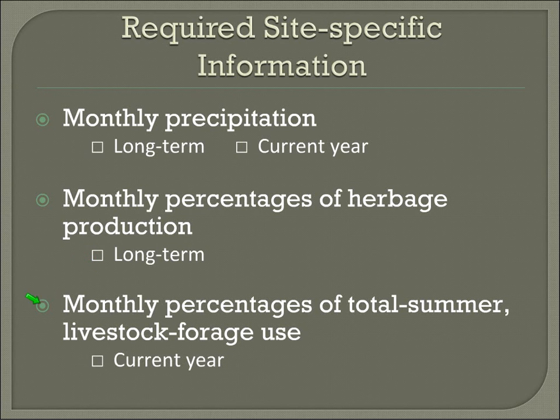Then we would draw your attention to the need for monthly percentages of total summer livestock forage use, and that's for the current year. Now, the second page of your handouts is titled Summer Cow Unit Forage Use Worksheet. And this is a very simple way to estimate the percentage of herd forage consumption that will occur in each month.